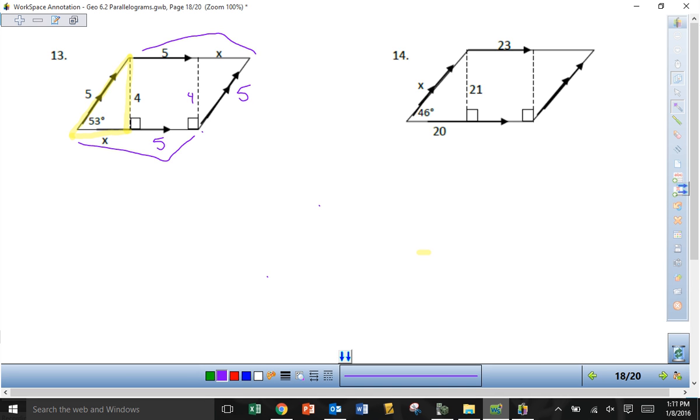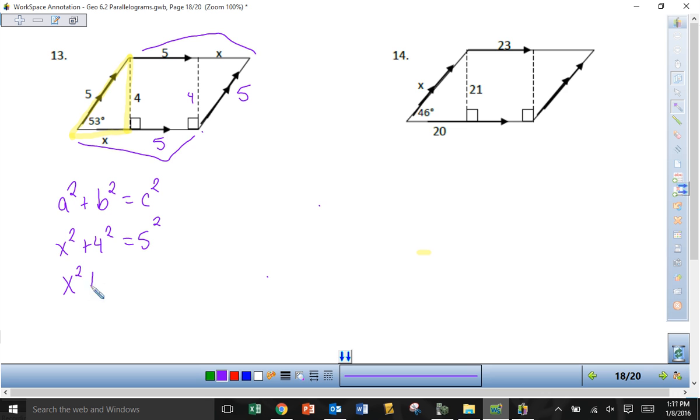We can use the Pythagorean theorem, a squared plus b squared equals c squared, to find a missing length of a right triangle. In this case, our missing length is one of the legs, so we put x in for a or b, it does not matter, and then our other leg length is 4. Lastly, our hypotenuse is 5, so we put that in for c.